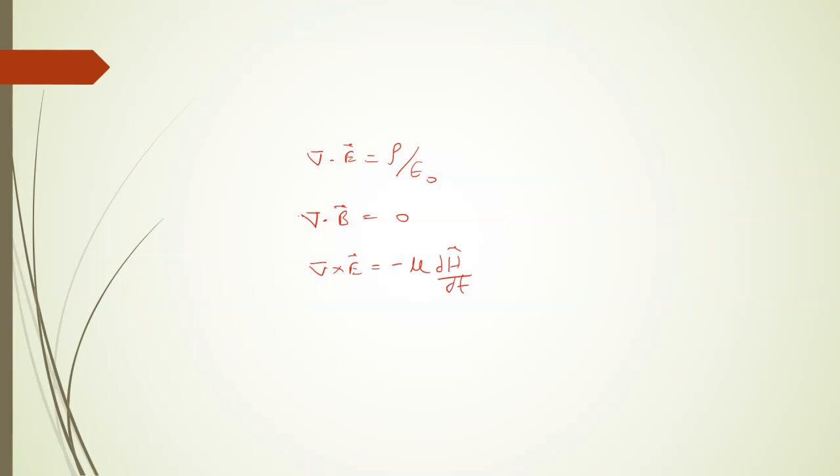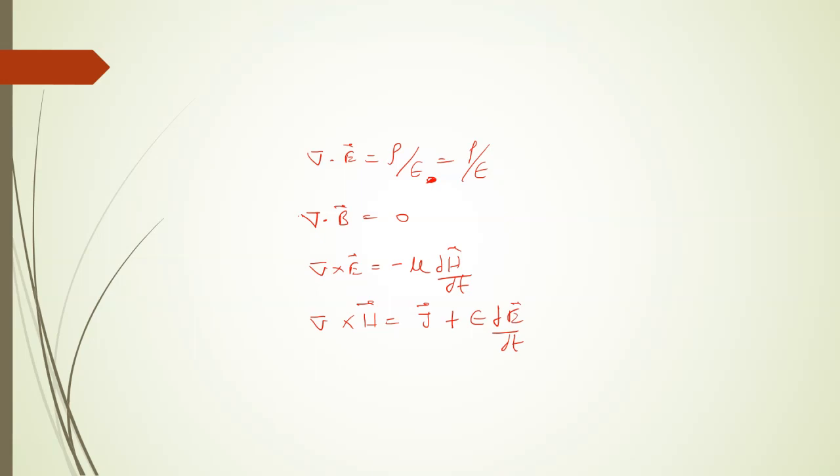If it is free space, there will be epsilon naught, so here we write rho by epsilon, and for free space we write rho by epsilon naught. The last one is del cross H equals J plus epsilon curly E by curly T.